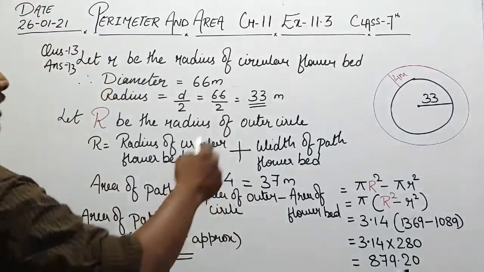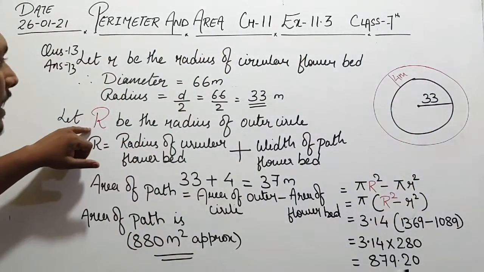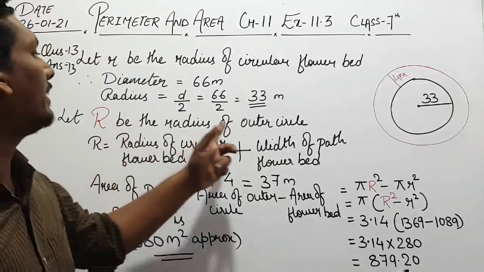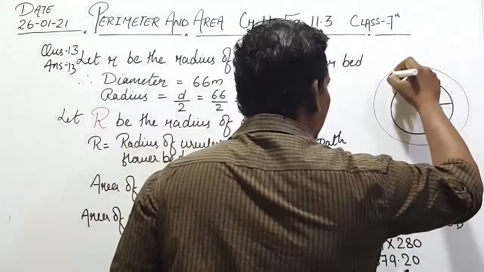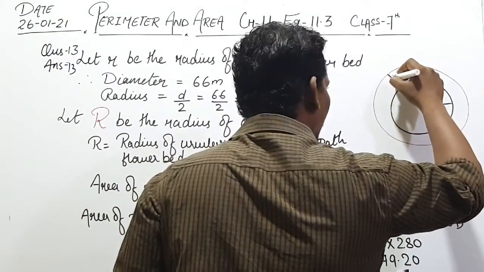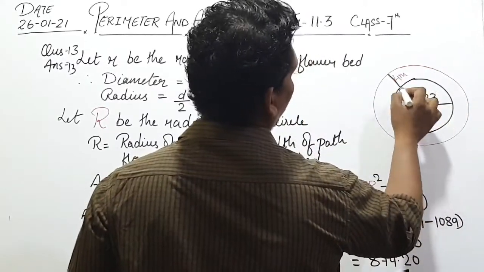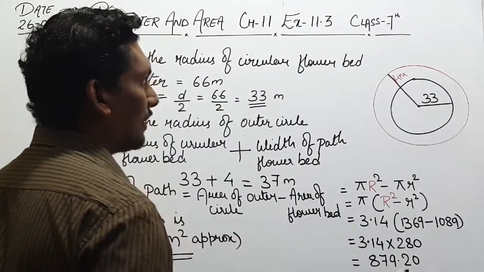We also have an outer circle. I have written the capital R here. So capital R be the radius of the outer circle. For this, we are talking about radius, from this point to this point, which is already 33.